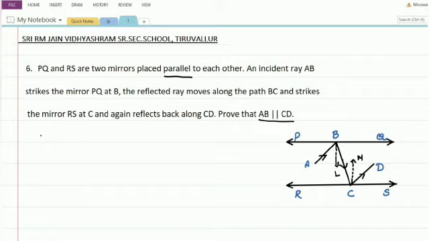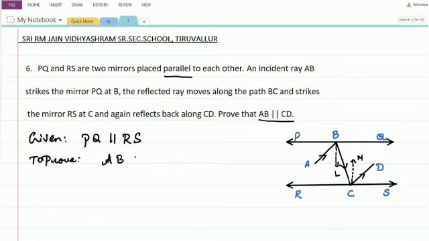So now let me write what is given. PQ is parallel to RS. This is what is given, and there is an incident ray and it reflects again. Then what are we going to prove? We are going to prove AB is parallel to CD. So I have to prove either the alternate angles or the corresponding angles are equal.